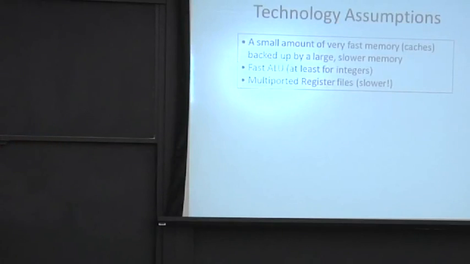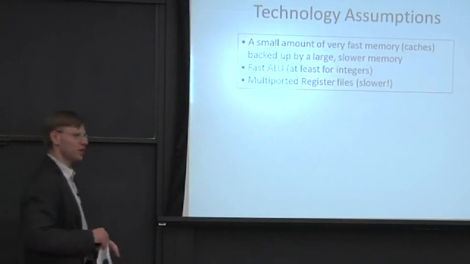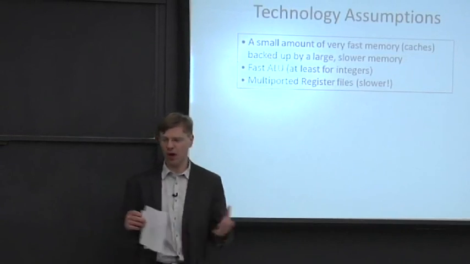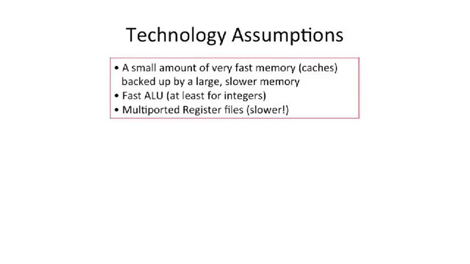OK, so as we go along here, some of the questions that come up are, what are the assumptions we made about this pipeline? And why are we making these assumptions? If the assumptions were to change, we'd actually pipeline differently. One of the assumptions is that you can put something like a cache in your processor and have very fast memory access. Because memory access is so slow relative to the processor speed, you probably want to pipeline the memory.